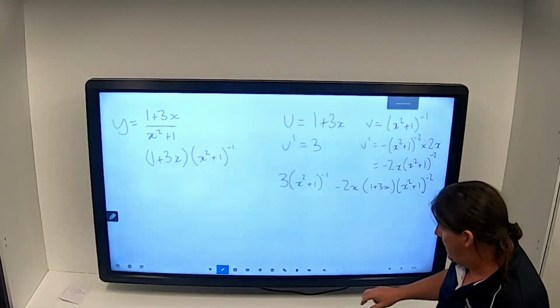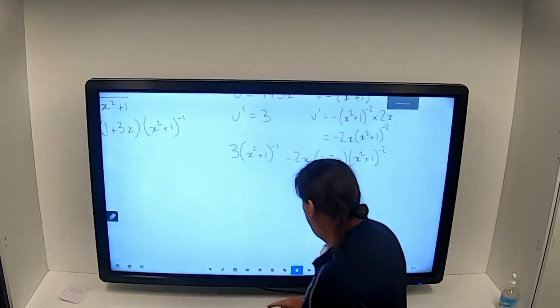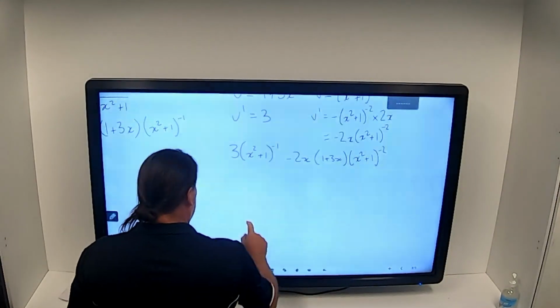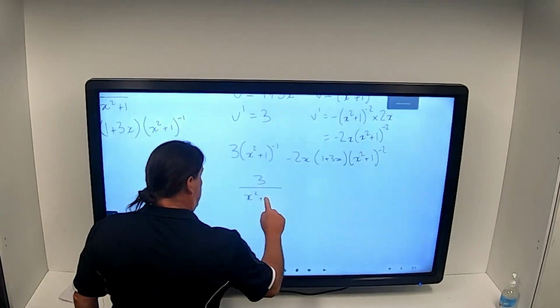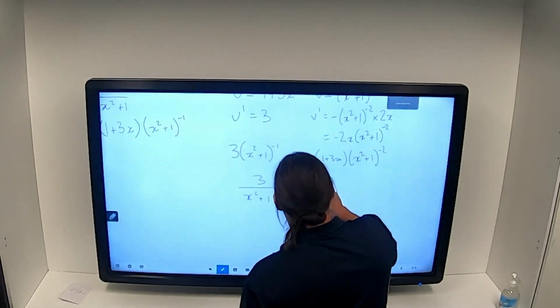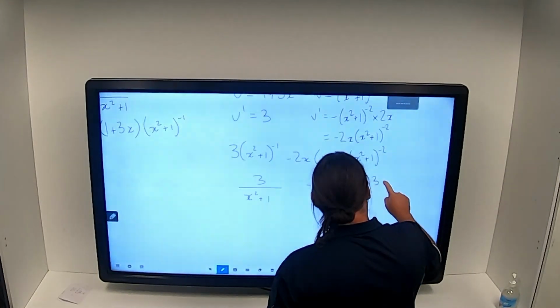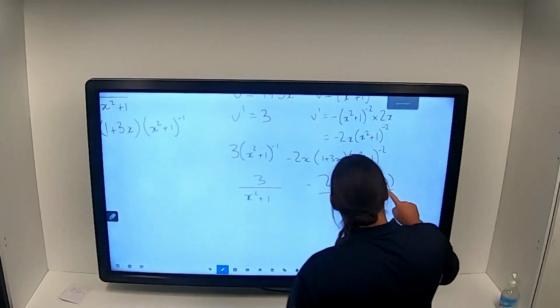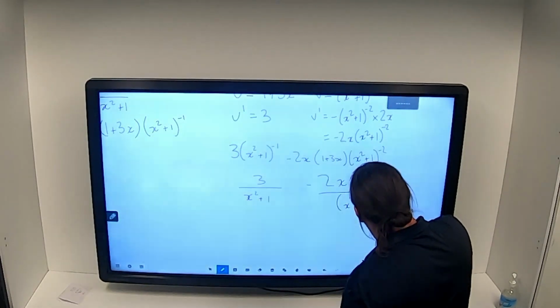And if I wanted to tidy that up just a little bit, I could write it without the negative indices and say that's 3 over x squared plus 1 minus 2x times 1 plus 3x all over x squared plus 1 all squared.